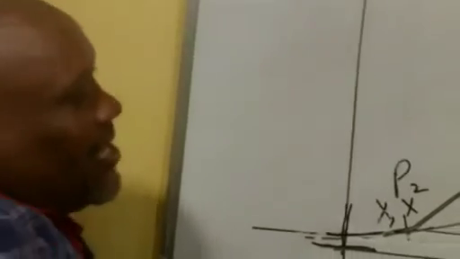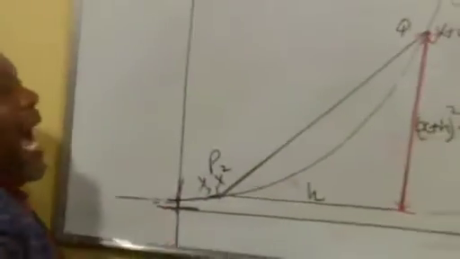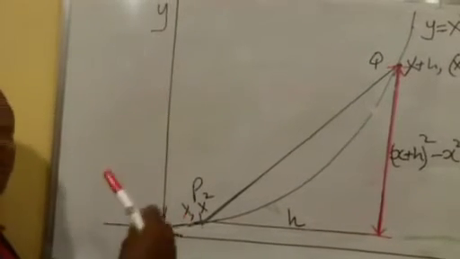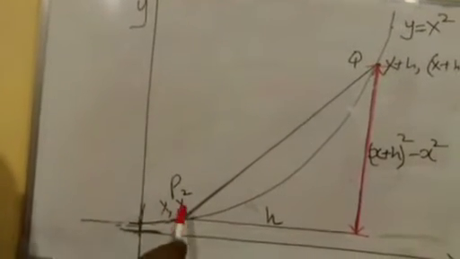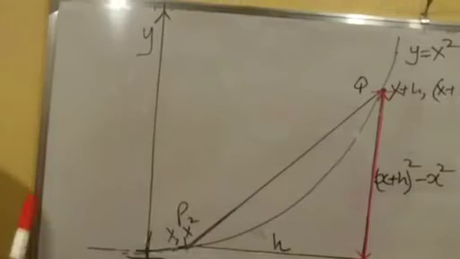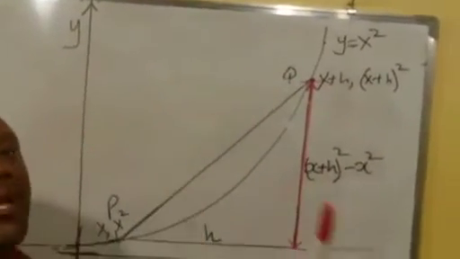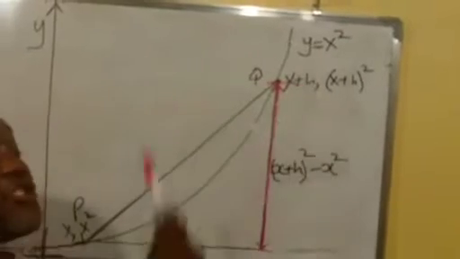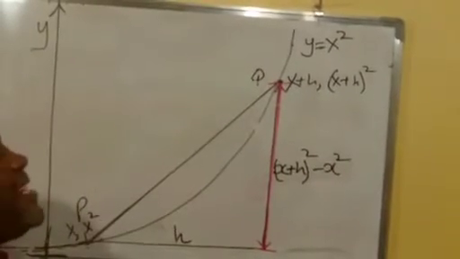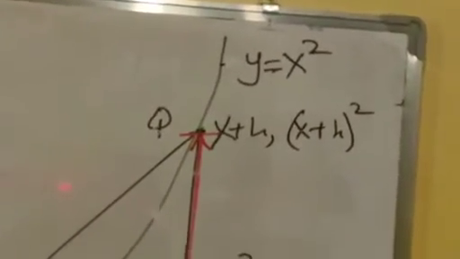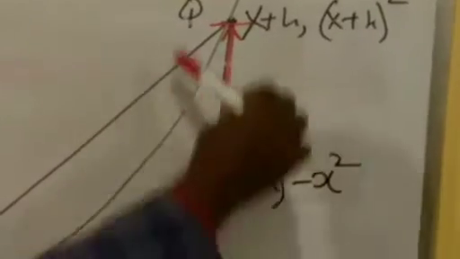Now if we introduce this change, our P coordinate will be x on the x coordinate and x squared on the y coordinate, while our Q coordinate will be x plus h on the x coordinate and (x plus h) squared on the y coordinate. Now the change will have been introduced along the y axis.